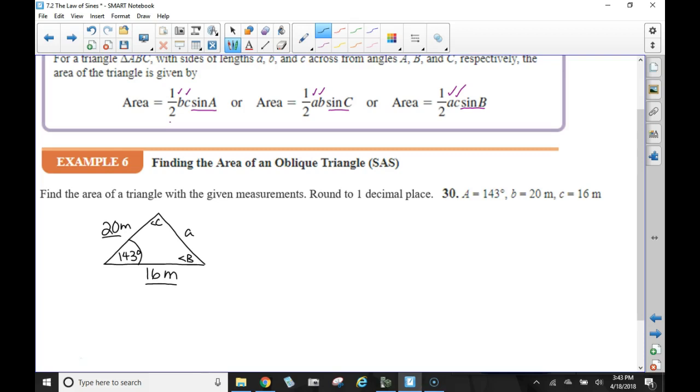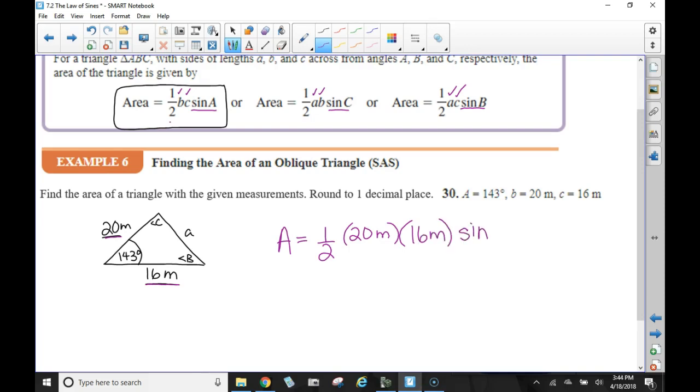So let's see. The formula we're actually using, with the way things were labeled here, is that area can be found by taking 1/2 times side B, 20 meters, times side C, 16 meters, times the sine of the angle between those two, 143 degrees.